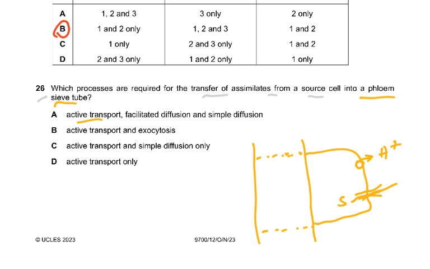Hydrogen ions move back in by facilitated diffusion, and then sucrose will move out through the plasmodesmata and into the phloem by simple diffusion. So the answer is A: active transport, facilitated diffusion, and simple diffusion.